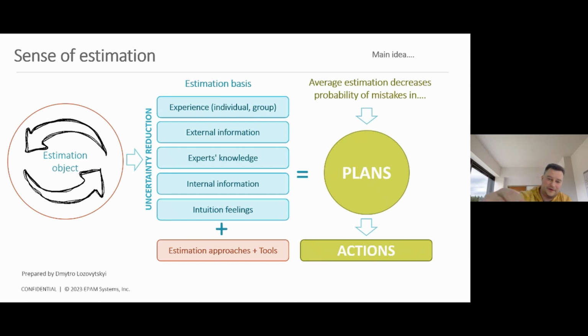Because different information sources, different points of view, and different experience application provide you some kind of insurance that you won't make stupid mistakes in your judgment, in your opinion, when you estimate something, especially related to scope of work, for example, questions.